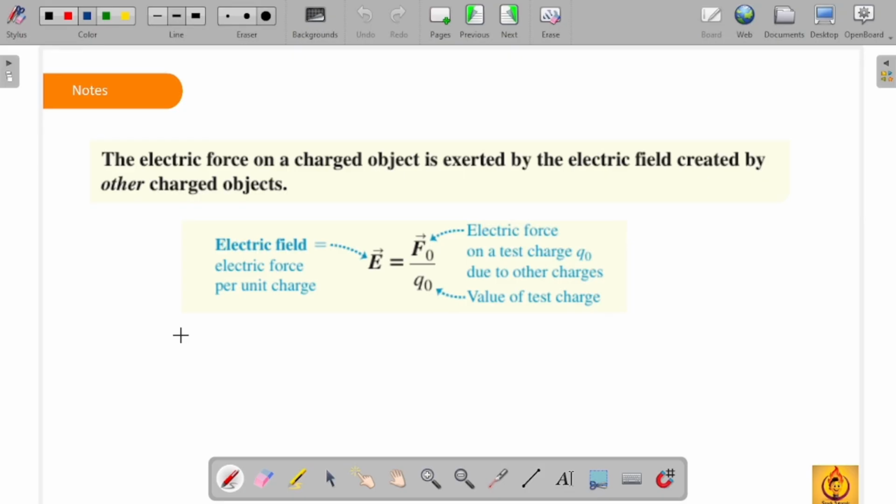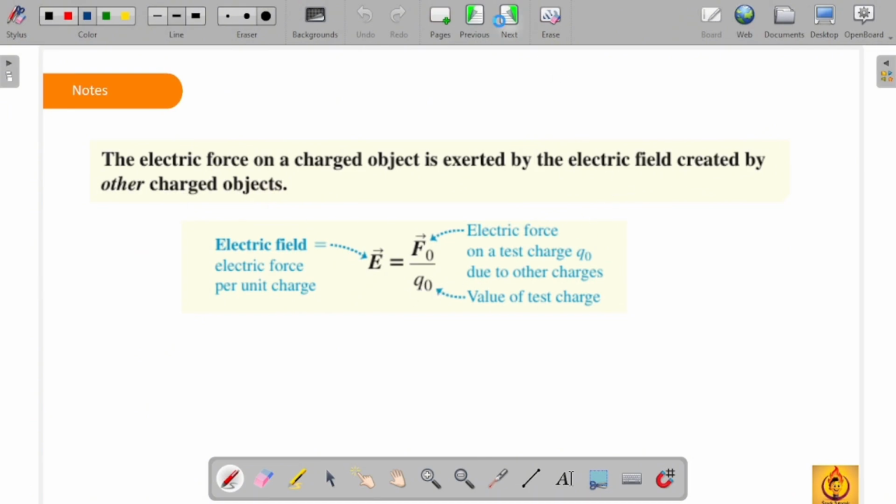Now we want to know how much this force is on 1 coulomb of charge. So that's where we find the electric field. We just divide by the charge we call the test charge.